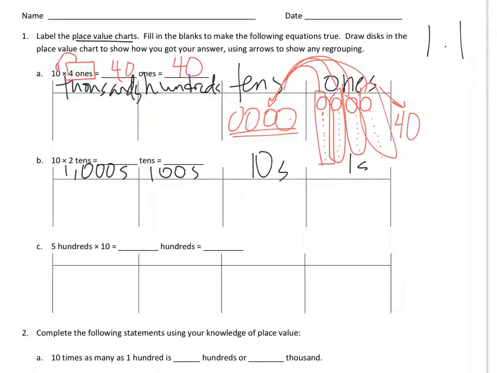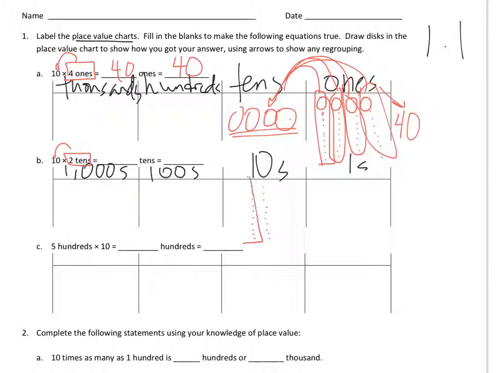In the next one, we want to start with 2 tens. So have students draw 2 in the tens place and then 10 times that. To do 10 times the 2, they would have to draw 20. Here you can see that the same rule applies.